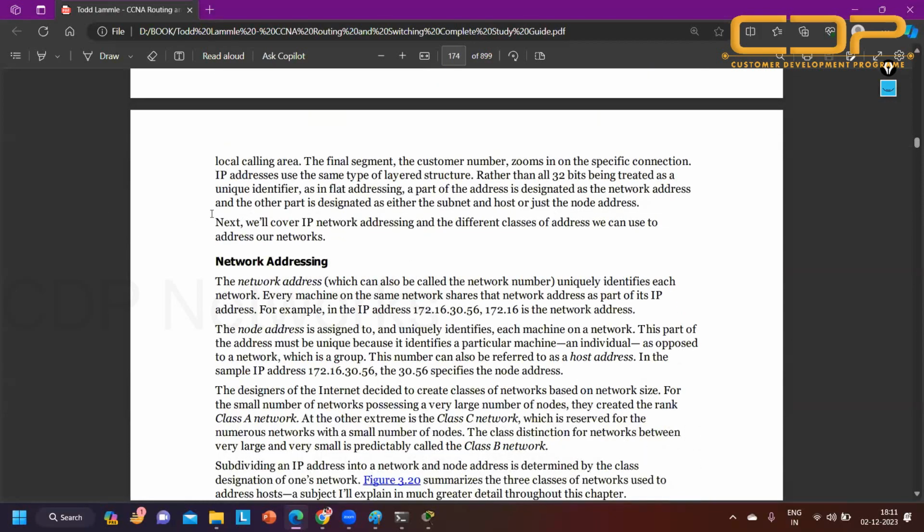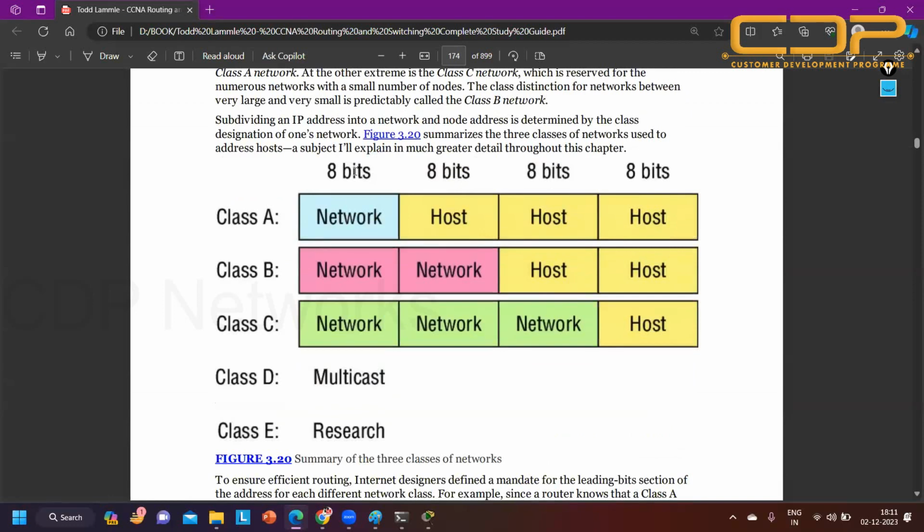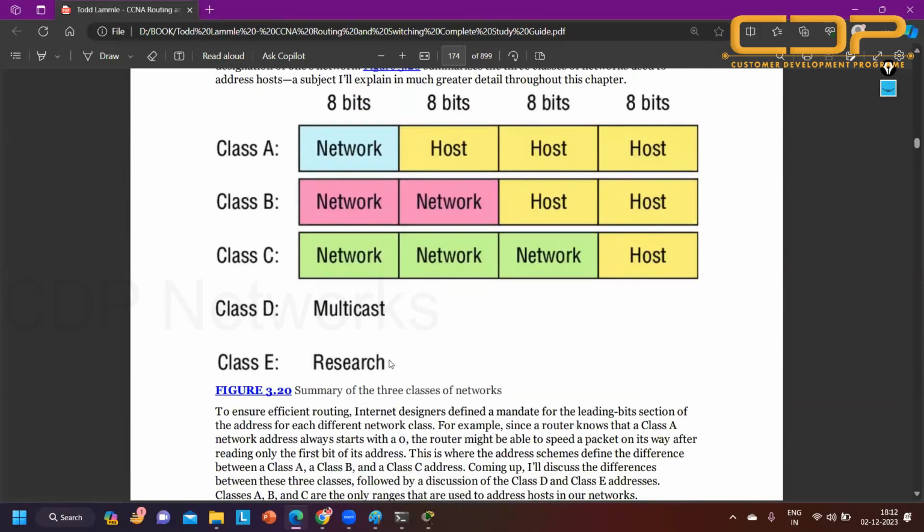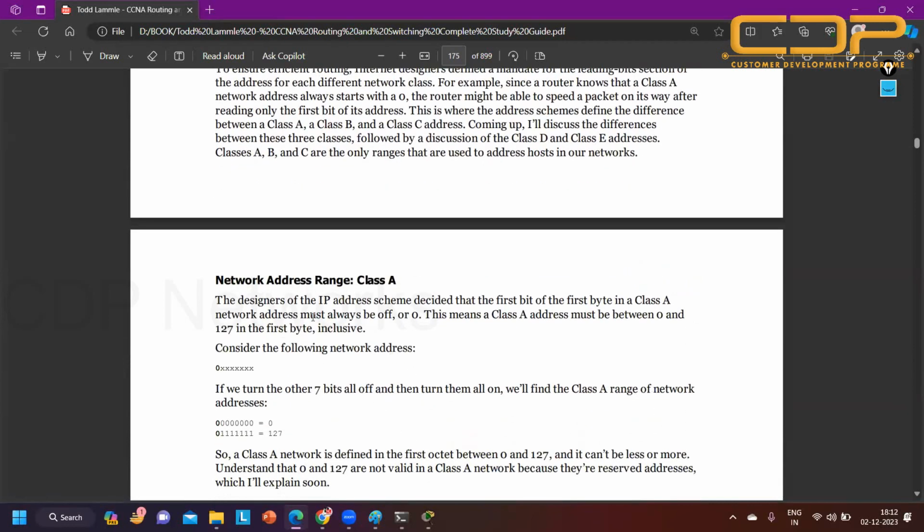So you can see for class A, we have 8 bits for network and 24 for host. For class B, we have 16 bits for network and 16 bits for host. For class C, we have 24 bits for network and 8 bits for host. Class D is used for multicasting. Class E is used for research.